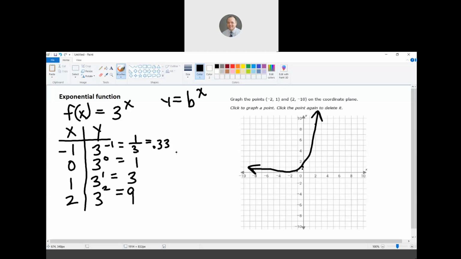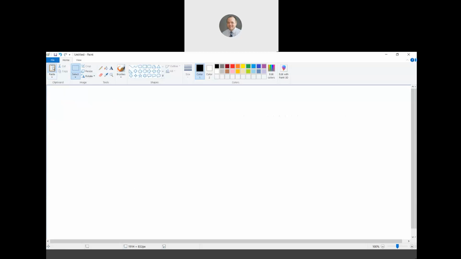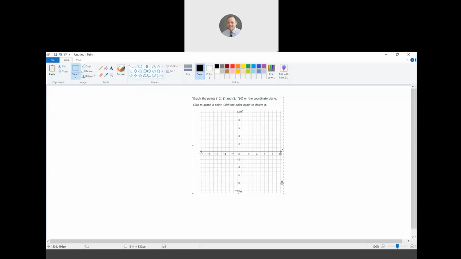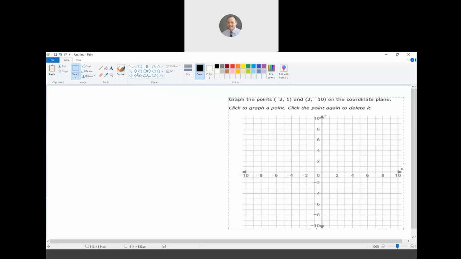What if you had a negative exponent? Let's look at one of those. Graph the function f of x equal to 2 to the -x power.